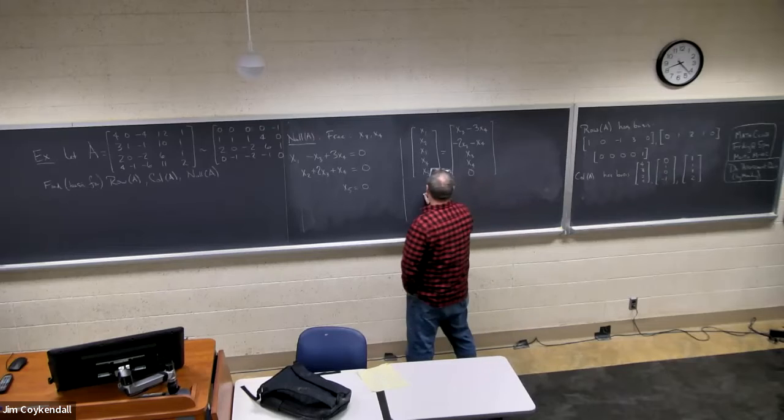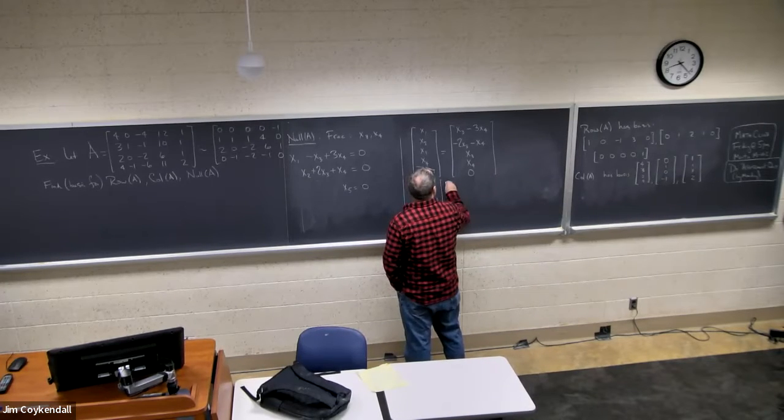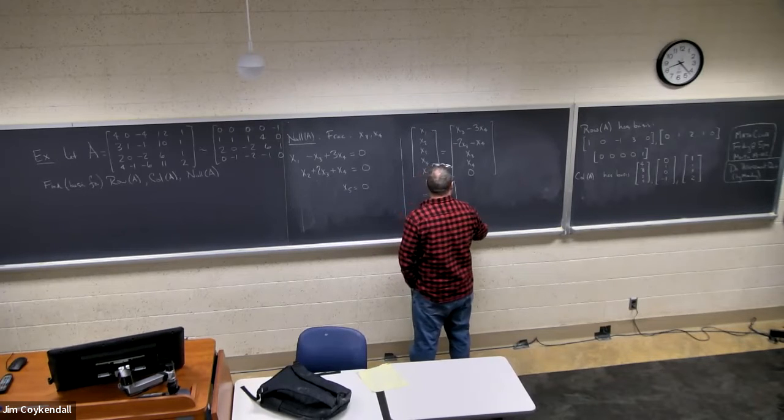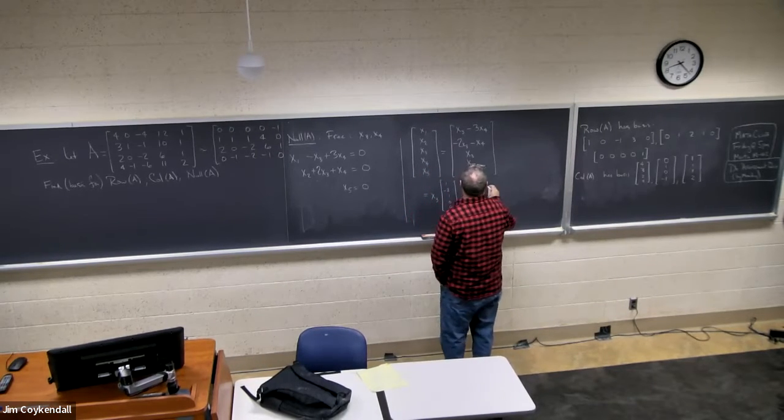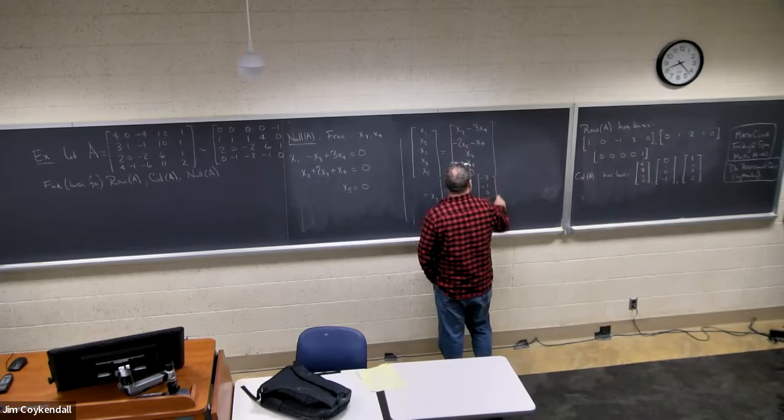And so this can be written as x3 times the vector (1, -2, 1, 0, 0) plus x4 times the vector (-3, -1, 0, 1, 0).